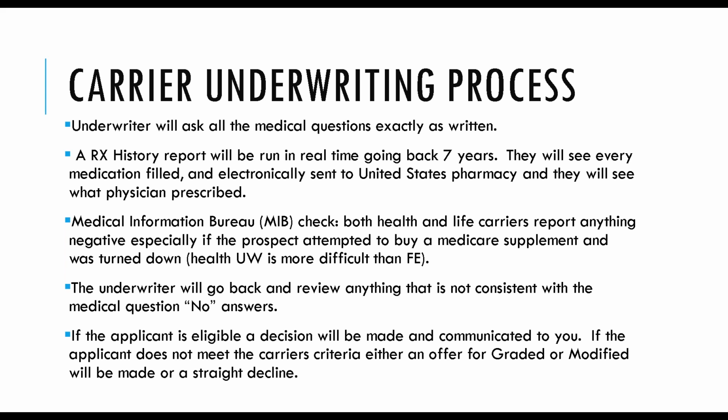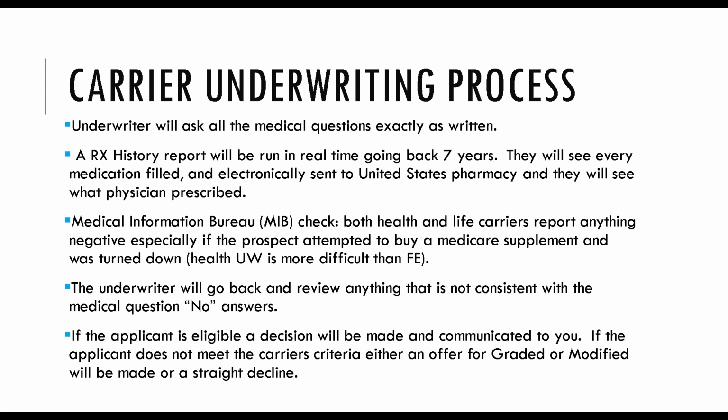Very important. A lot of times these people have not bought a final expense policy, but they tried to buy a Medicare supplement last year or the year before, and they may have been turned down. Health insurance underwriting is way more difficult than final expense. And I'll give you an example. If somebody is a diabetic dependent on insulin, they generally cannot get a Medicare supplement policy if they have to go underwritten, but they can get pretty much almost any final expense policy.